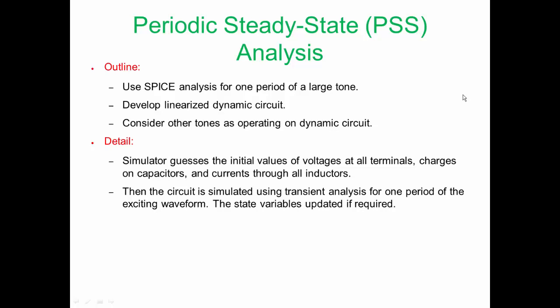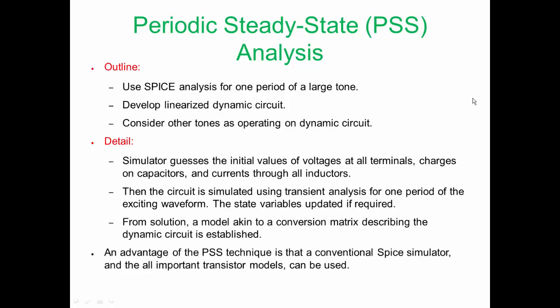So as well as guessing all the voltages at the terminals, we need to guess the state variables for capacitors and inductors as well. Then we simulate the circuit using transient analysis for one period of the exciting waveform, and the state variables are updated if required. The solution, this is the dynamic circuit model that we come up with, is akin to a conversion matrix.